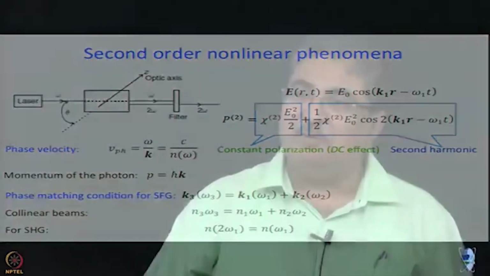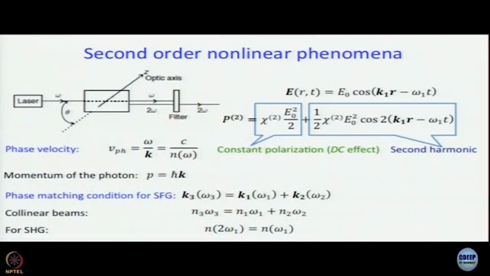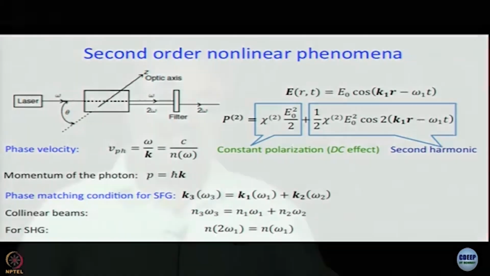But a little while ago, Sharmishta told us that refractive index is a function of omega. So, in a crystal solid medium, do we expect the refractive index to be the same for omega1 and 2 omega1? See where we have got. We are saying that you can get second harmonic generation only when the refractive index for omega1 is equal to that for 2 omega1, on one hand.